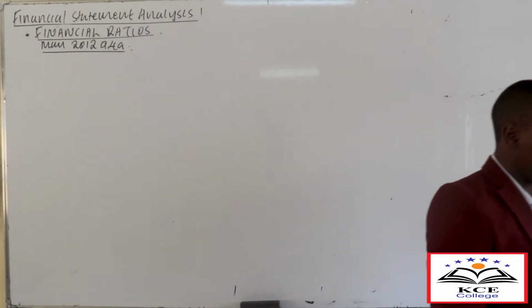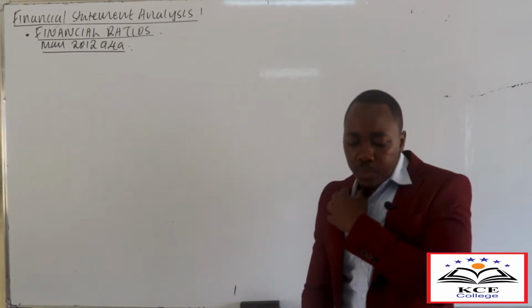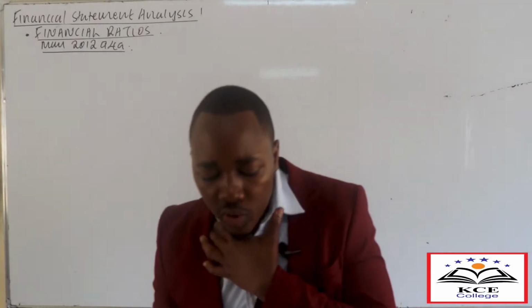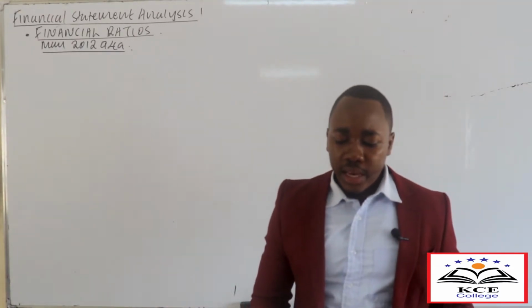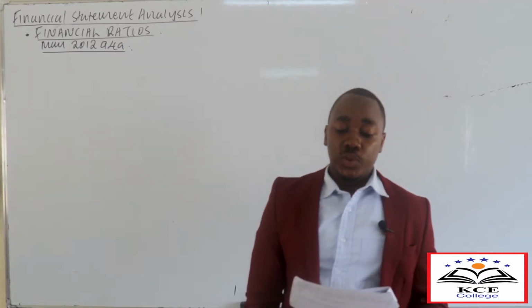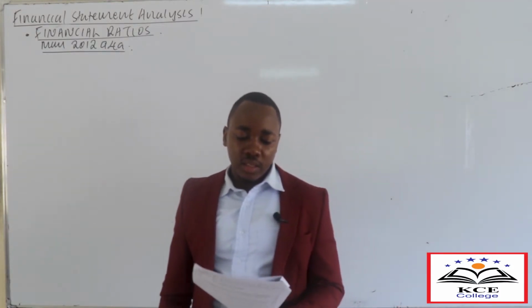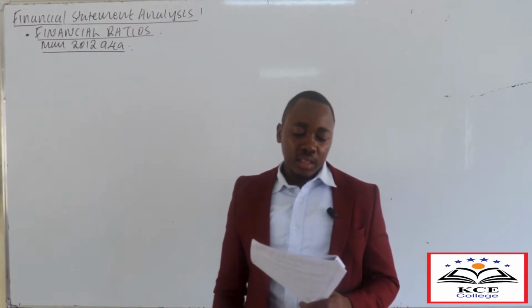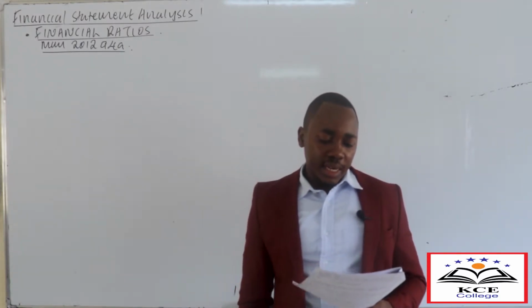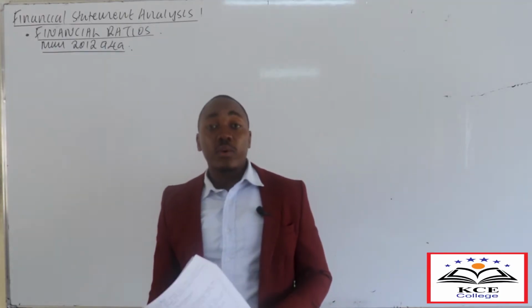And we are told that the following statement of financial position was extracted from the books of XYZ Limited for the year ending 1st of March 2011 and 2012. So we have two financial years. So we have the assets and non-current assets, equity and liabilities. Let's go to the required.